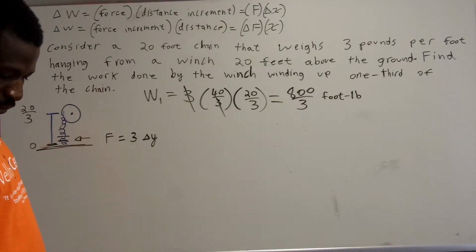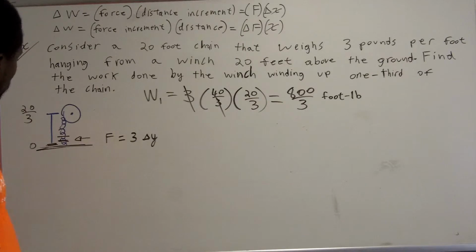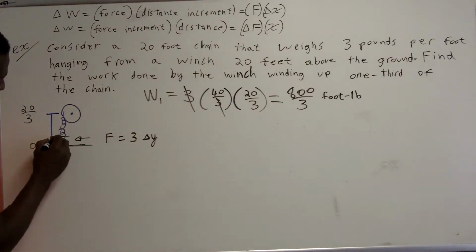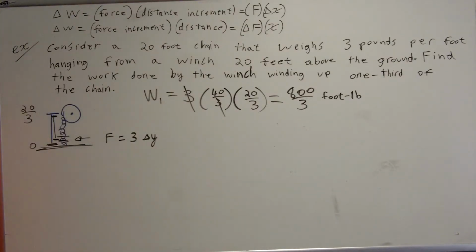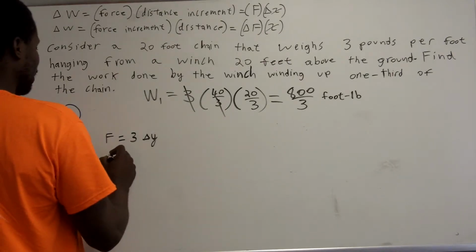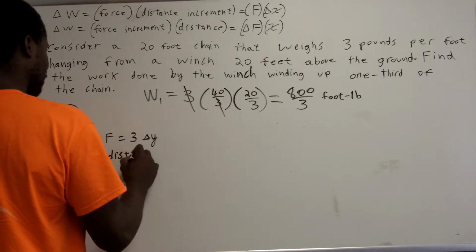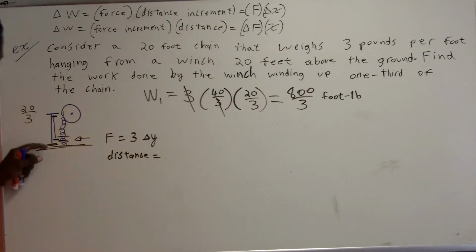And what we want to do is look at the distance that that little piece of chain travels to get all the way up to the top, or all the way up to the winch. The little piece of chain at the very bottom travels the entire 20 over 3 feet. If you call this the origin, that would be a y value of 0.